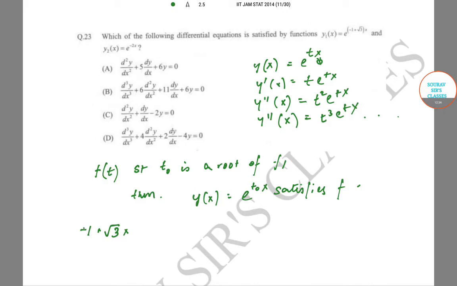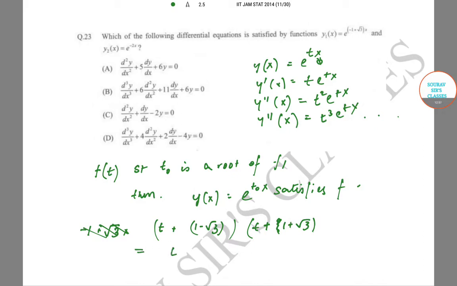So what we do is we take t plus 1 minus root 3 and t plus 1 plus root 3.